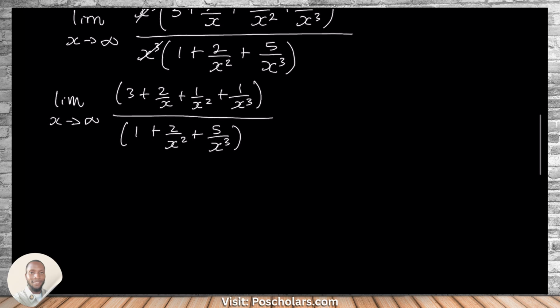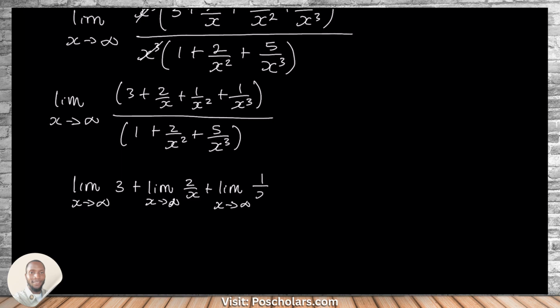Applying the rule, for the first term, you have limit as x tends to infinity of 3 plus limit as x tends to infinity of the function 2 over x, we are working with the numerator now, plus limit as x tends to infinity of the function 1 over x squared, then plus limit as x tends to infinity of the function 1 over x cubed. Now we are done with the numerator.